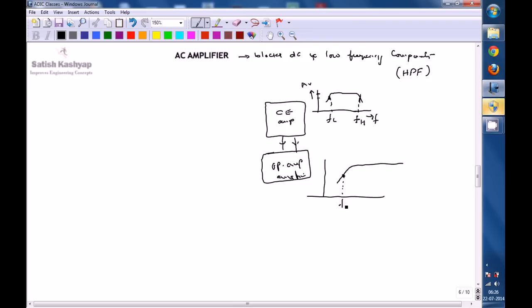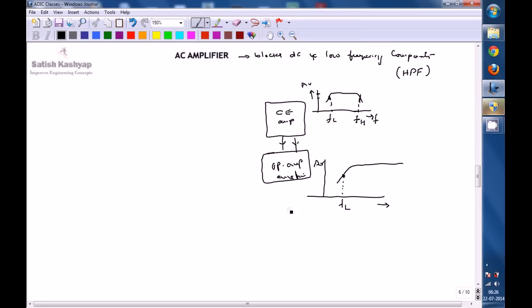This is the frequency response of the op-amp such that it blocks the DC component and low frequency components, and above that all the frequencies are passed. So in this frequency range you will get this FH also. The output of the CE amplifier is passed through this operational amplifier, and that will provide the required gain.